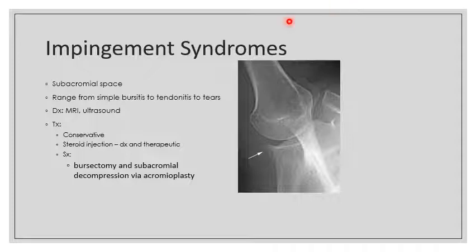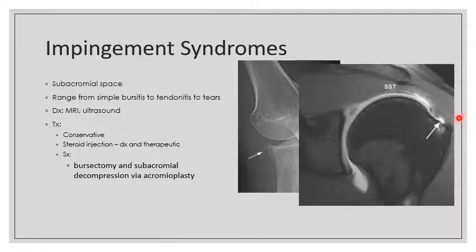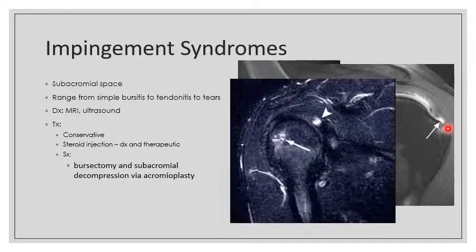If conservative treatment does not relieve pain, surgery is recommended. What happens here is that the bursa is inflamed because of chronic impingement in this area. So what we do is excise it arthroscopically by bursectomy or acromioplasty.